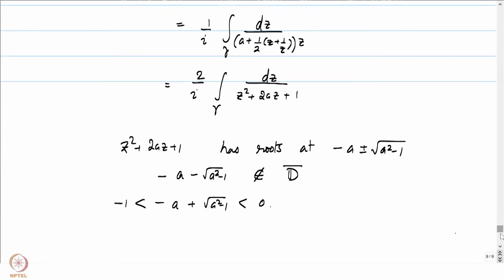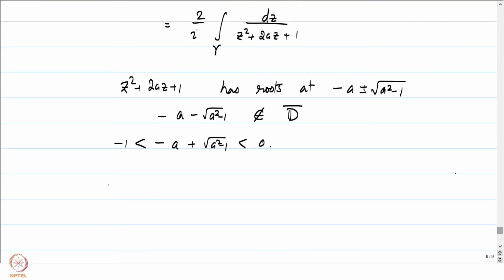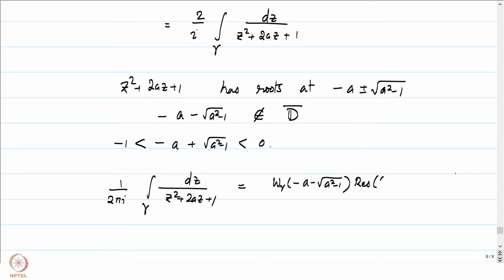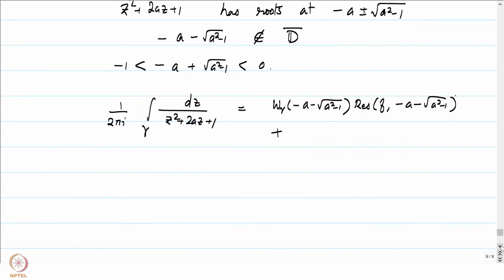And by the residue theorem, what we will be able to conclude is that 1 by 2 pi i times the integral over gamma of dz by z square plus 2az plus 1 is equal to the winding number of gamma about the first point, minus a minus square root of a square minus 1, times the residue of f at that point, plus the winding number of gamma about minus a plus square root of a square minus 1 times the residue of the function f at minus a plus square root of a square minus 1.